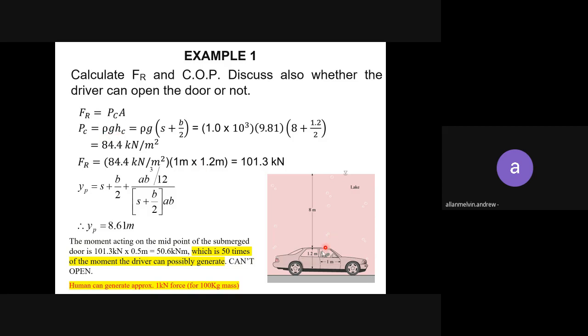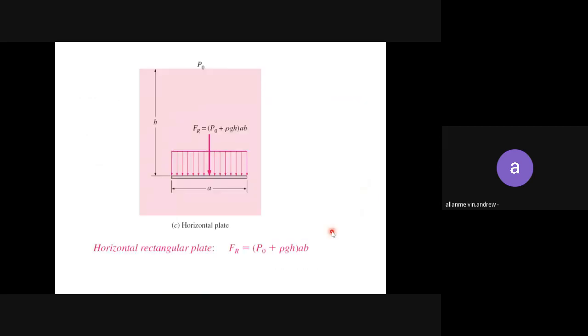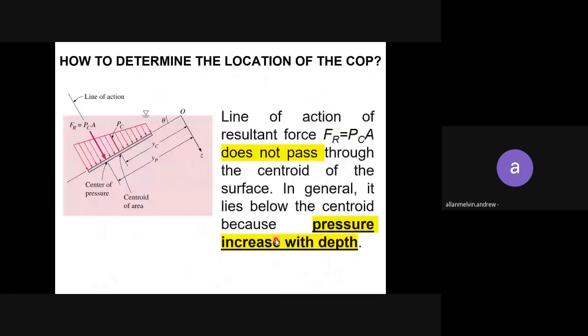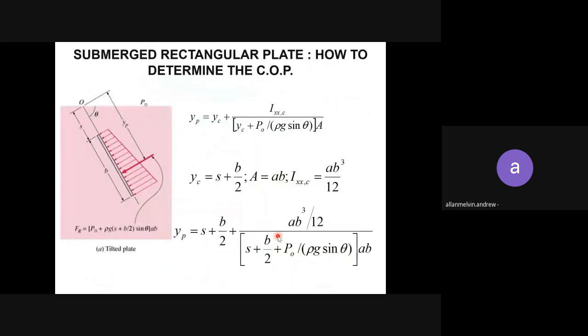Unless this car is at an angle, then you can take into consideration the sine or the cos theta, the angle from the surface. In this case, this is horizontal, so we just take the horizontal formula. So you have three situations.